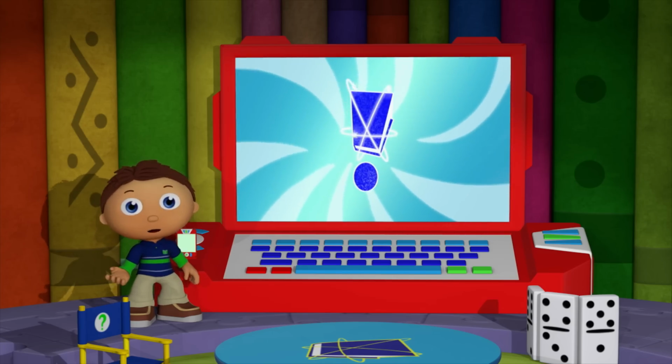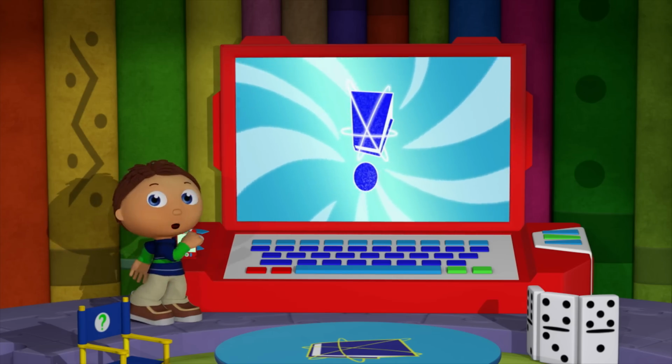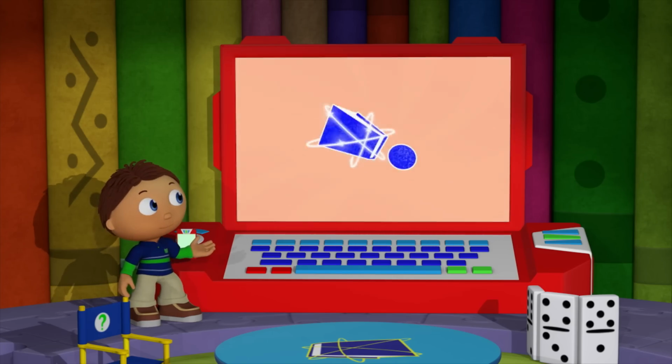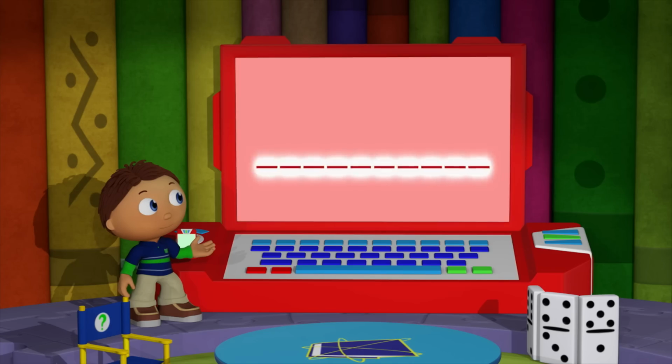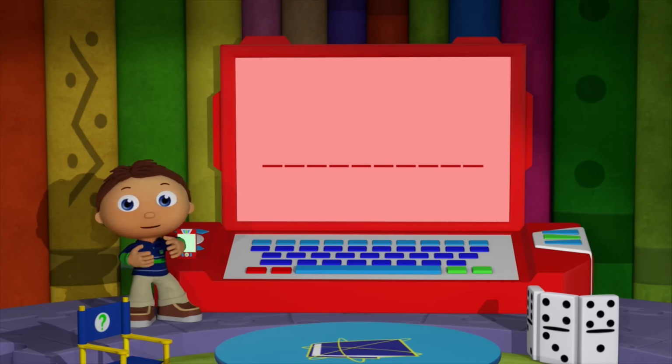Super duper computer, give us our super story answer. Read the letters with me. C, O, M, P, R, O, M, I, S, E. The super story answer is compromise.